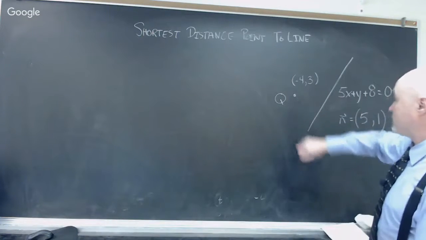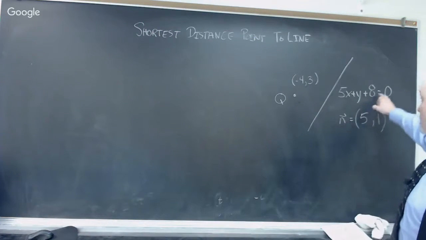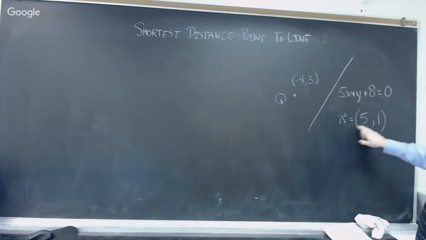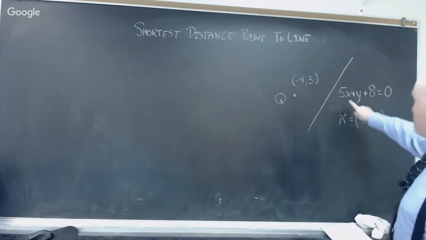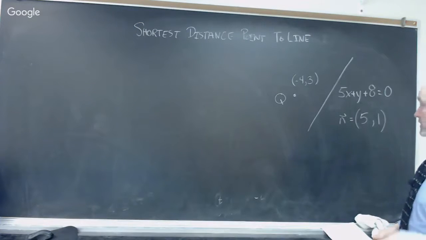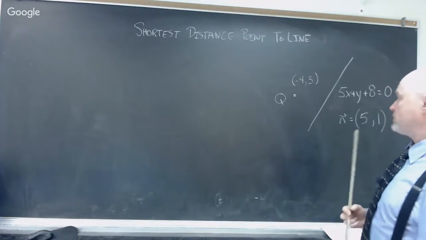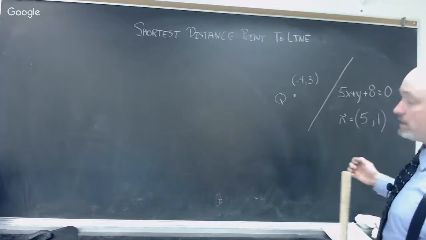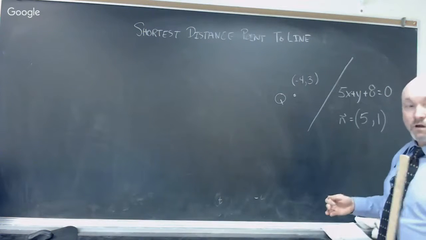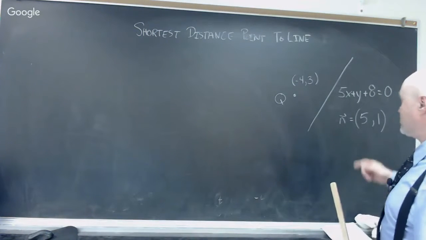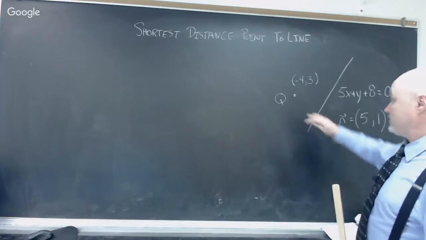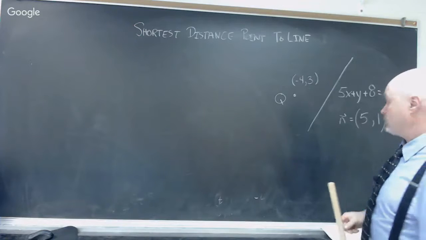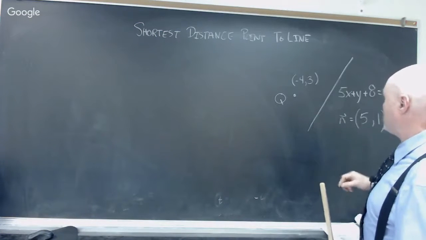Anyways, we have a line here, and Q is (-4, 3). Here's our scalar version of the line. The normal vector is just taken from the coefficients of the scalar. So what we need to do is choose a vector and then project that vector onto the normal vector. That's going to give us the distance from Q to the line.